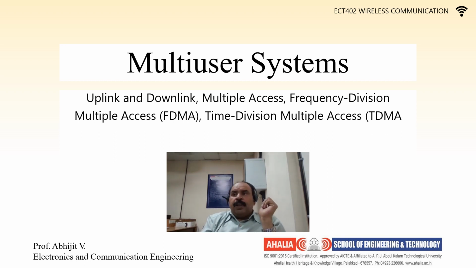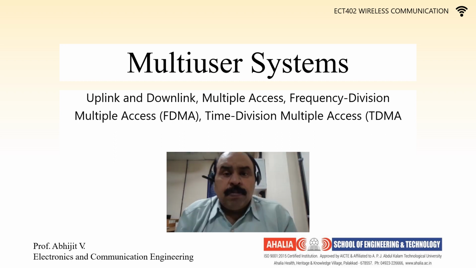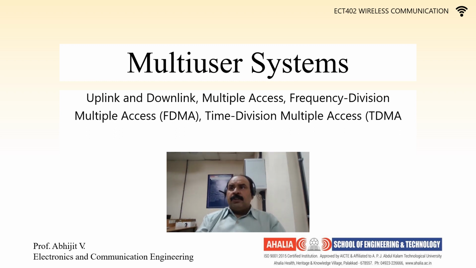The next topic in our syllabus is about multi-user systems, 4.3. 4.1 was the first part of your fourth module, about diversity techniques, different diversity patterns, transmitter diversity, receiver diversity, and so on.